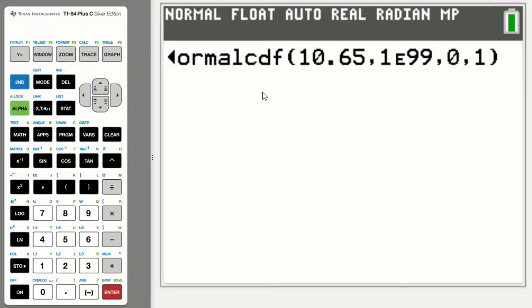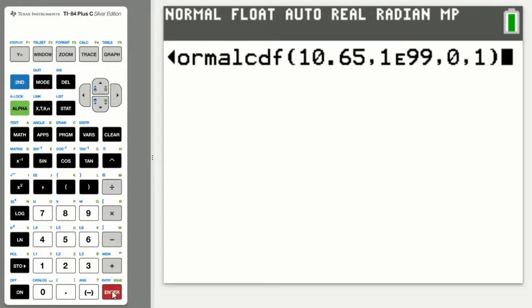And so for the TI-83 calculator or any earlier TI-84 calculators where you have to type in and complete your command, then you're going to type in the lower end first, with a comma, and then the upper end with a comma, and then mu and sigma value, then close the parentheses. And now on whichever version of the TI calculator that you are using, we can hit enter.